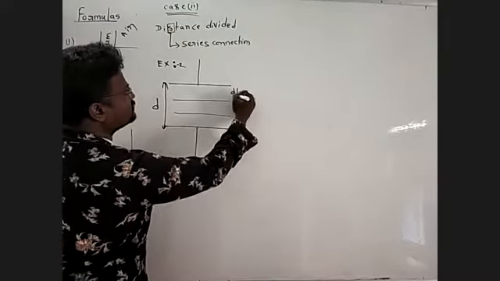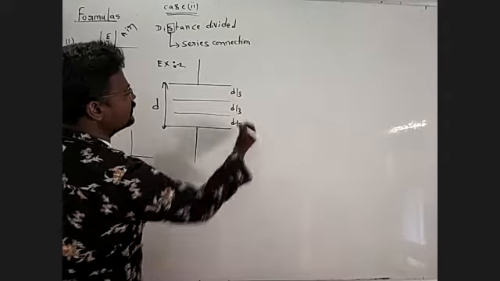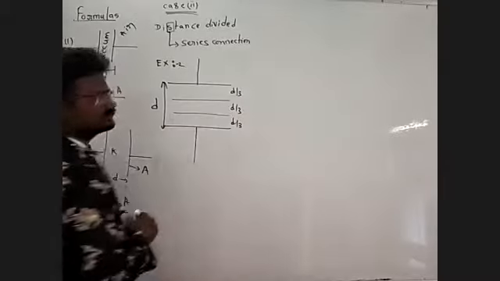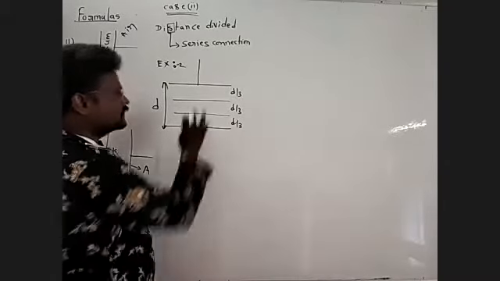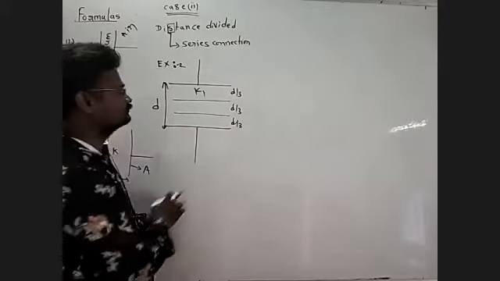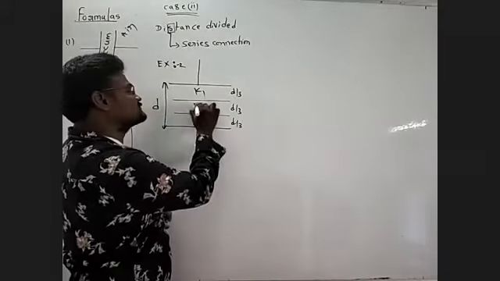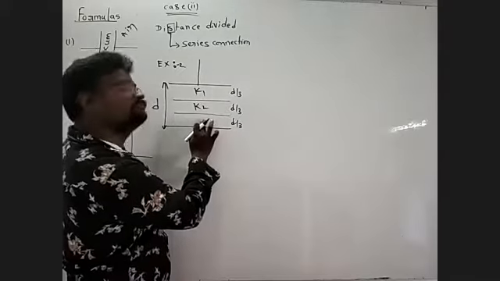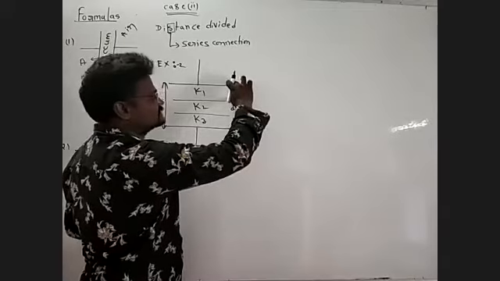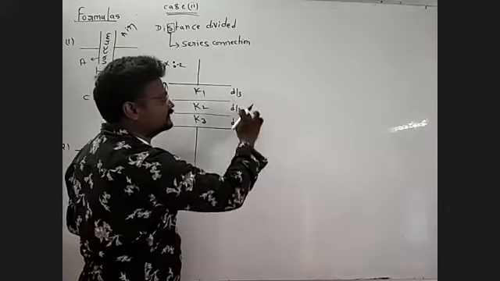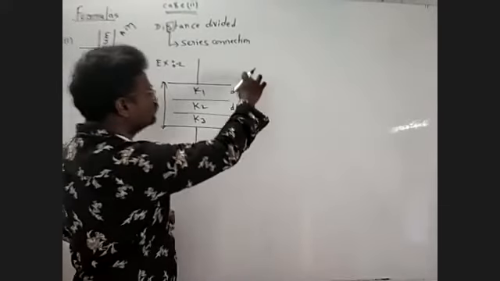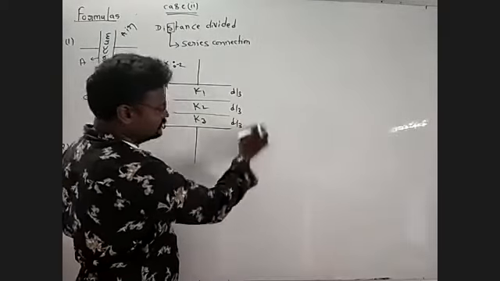This gap is filled with the K1 dielectric slab, this gap with the K2 dielectric slab, and this gap with the K3 dielectric slab. D by 3 plus D by 3 plus D by 3 means D.